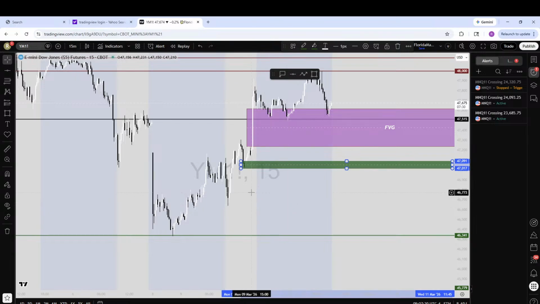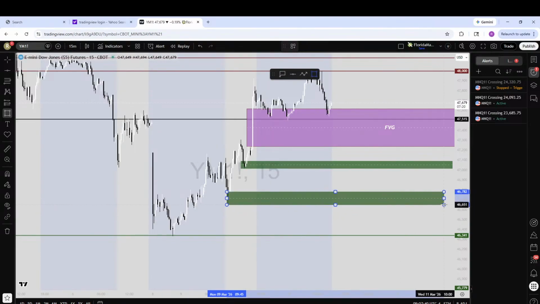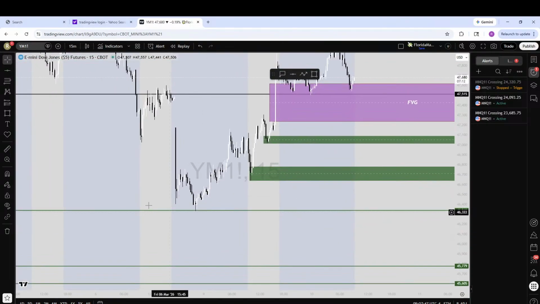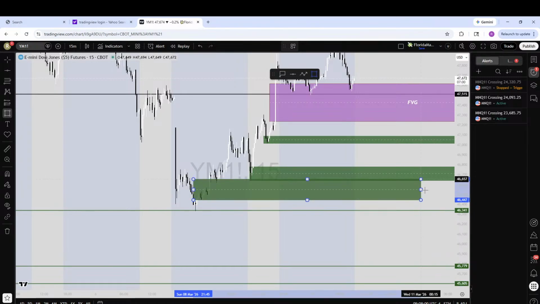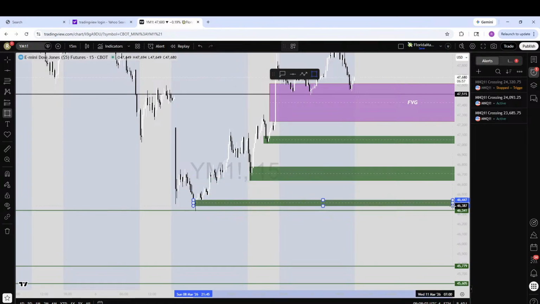Okay, and here's another area. And here, of course, we see that that's the support. Or this area is a zone.